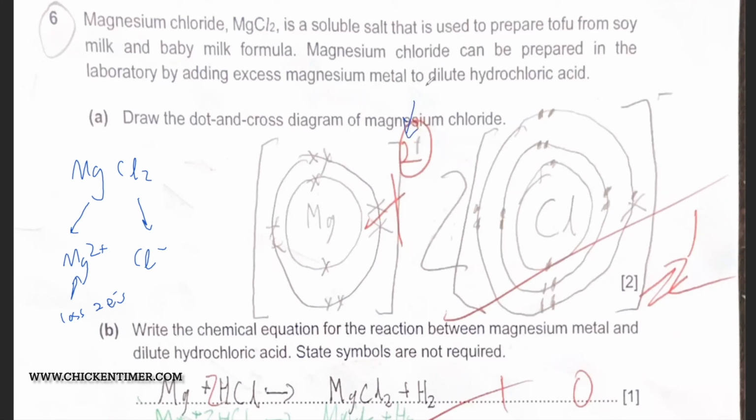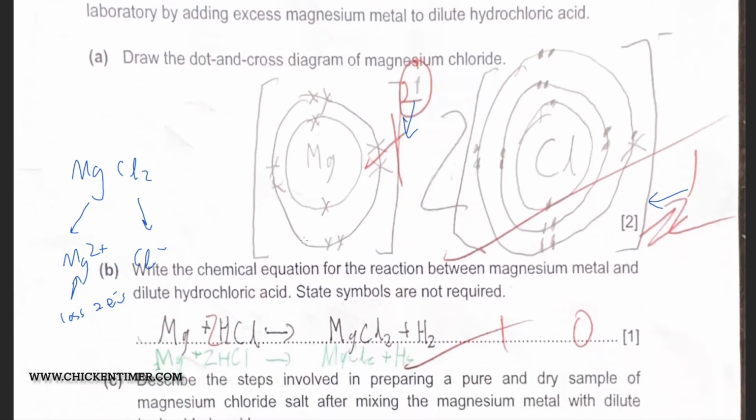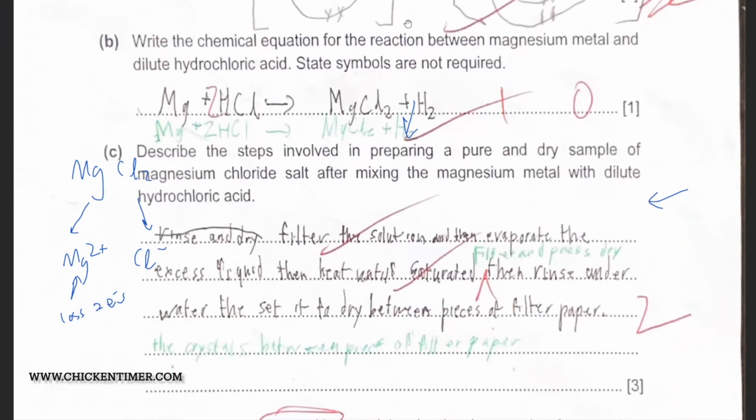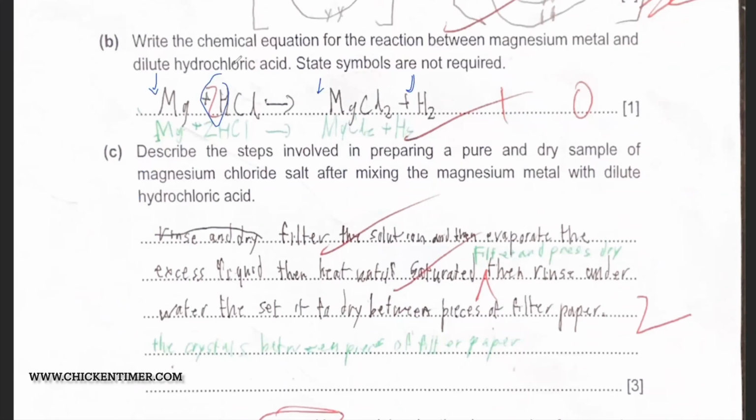Then the electrons are transferred over here. This is correct. Then you have 2 of those chloride ions. For part B, I think you just forgot to balance. The others also have no coefficients here, so that means you forgot to balance.